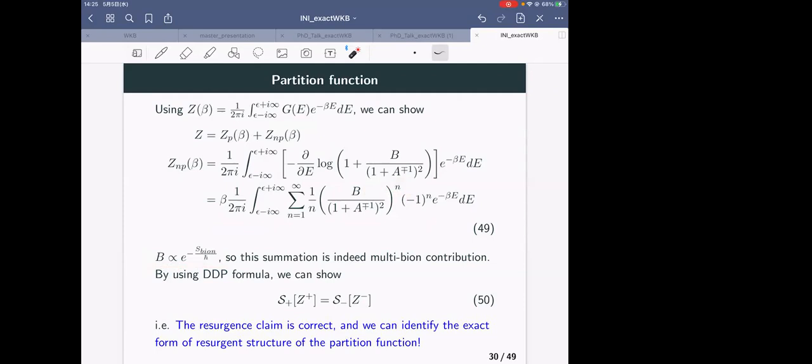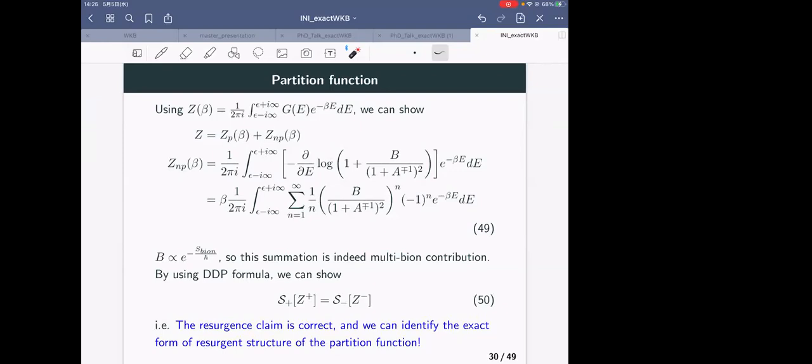And using the DDP formula, we already know that D plus and D minus are actually equivalent. I mean, there is no Borel ambiguity. So we can conclude D plus and D minus are equivalent, or you can say there is no Borel ambiguity. This is the resurgence claim of the P-NP relation.